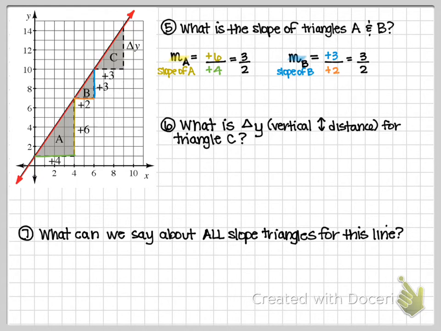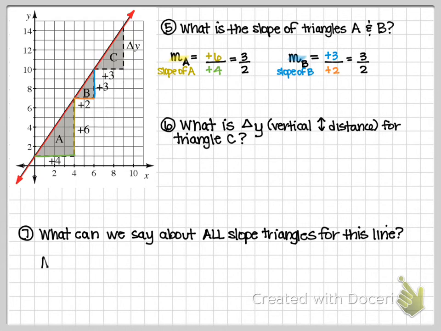Looks like I got the same thing. So if we are on a single line, we should be able to answer question 7. All of the slopes for this line should and will simplify to give us 3 over 2.